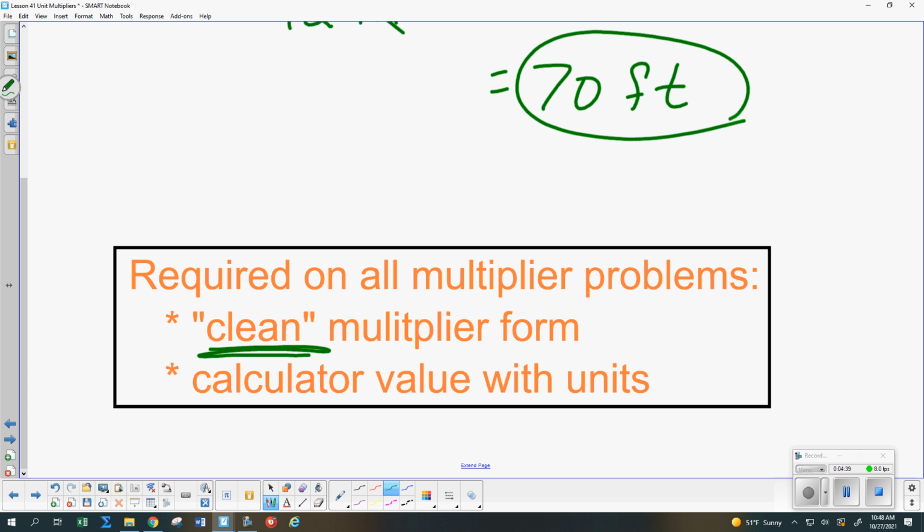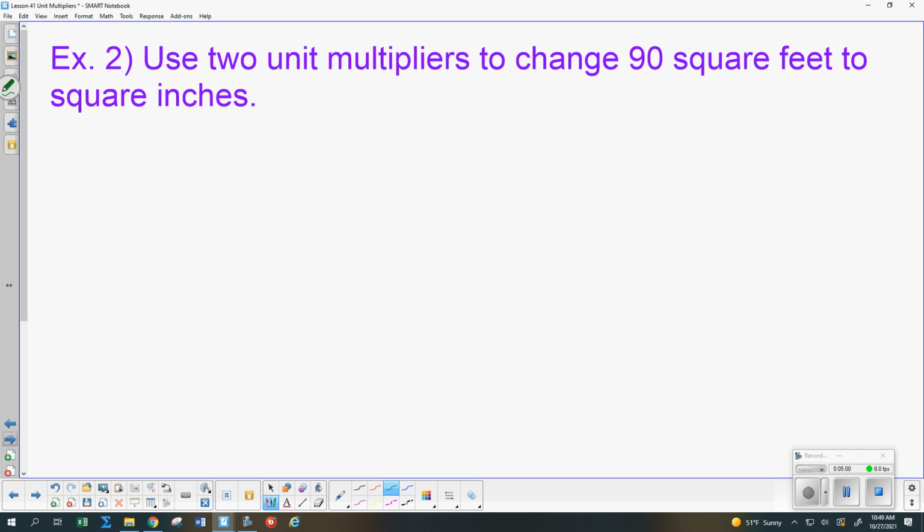You did not type in the calculator 12x equals 840. You typed into the calculator 840 divided by 12. So you're always, no matter what kind of problem, telling me exactly what you typed into the calculator, because that helps me know what kind of mistake you had if you didn't get it right.